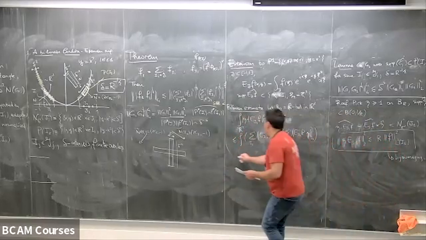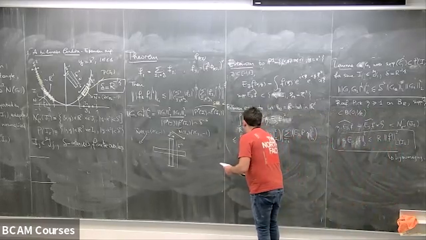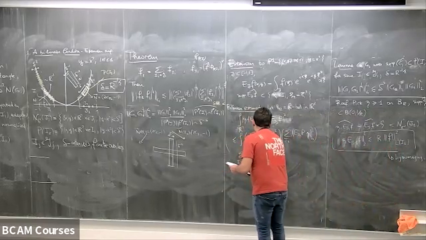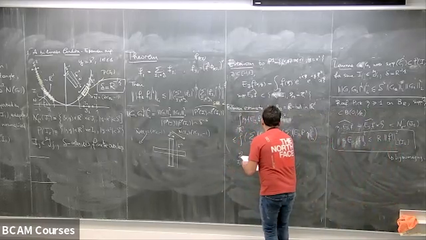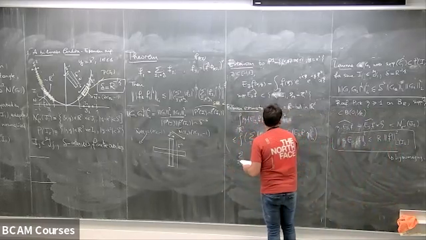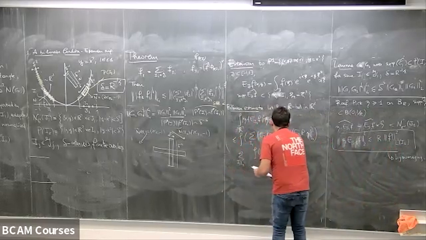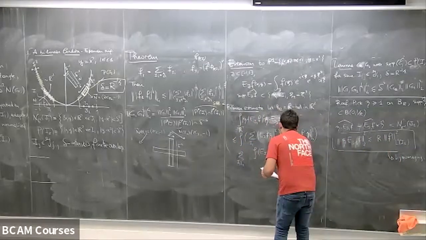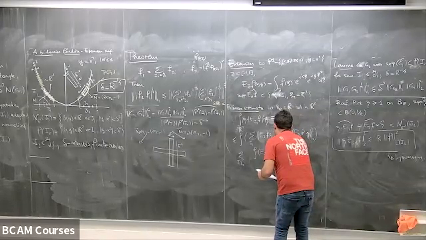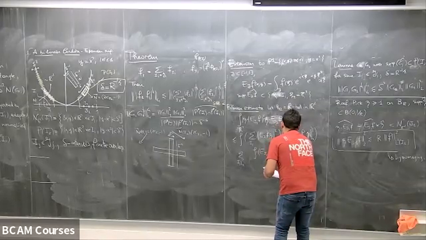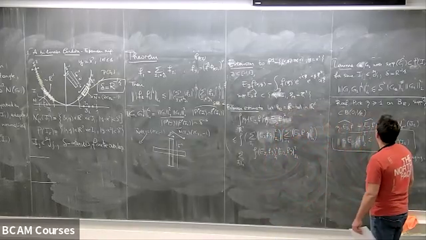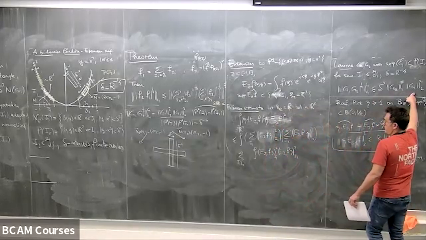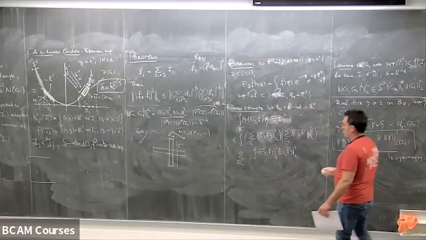Okay, so now we have the sum over I1 and I2 of the product of E J1 f eta I1 squared times E J2 f eta I2 squared. So we're going to gain what?